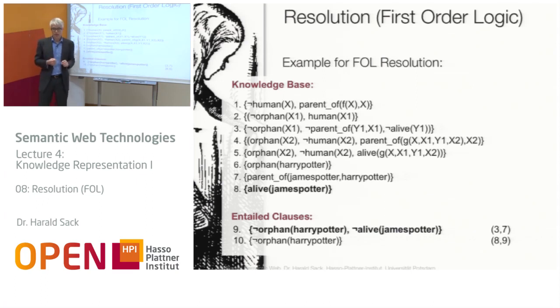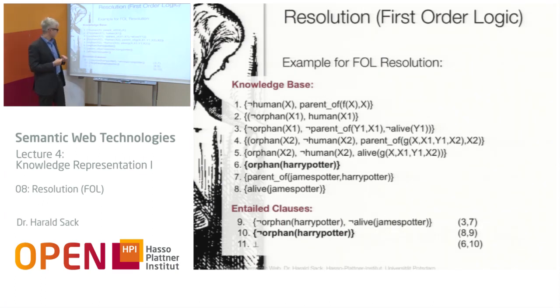Let's look at 2 other clauses. And then if we also consider not orphan Harry Potter, and here number 6, orphan Harry Potter, if we combine these 2, then it's pretty easy. We have here the negation, that Harry Potter is not an orphan, and here we have not the negation, that Harry Potter is an orphan, and in the resolution step, we will come up with the empty clause.